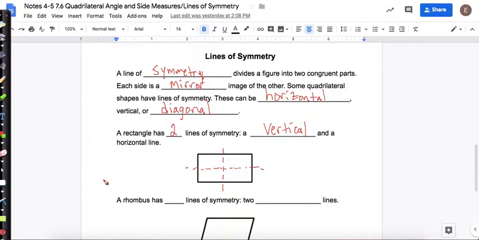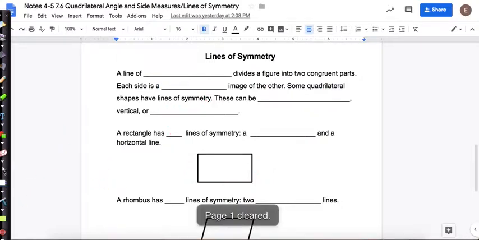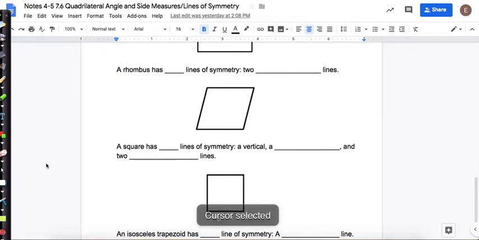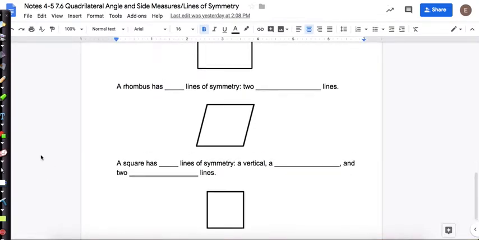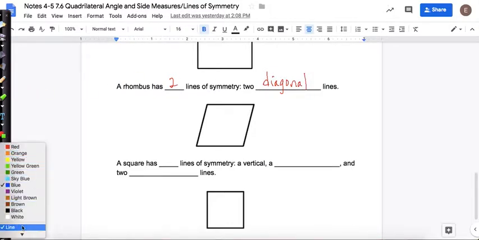Okay, so let's look at a rhombus. A rhombus has how many lines of symmetry? Good, it has 2 lines of symmetry, and it's 2 diagonal lines. We're going to draw them in. Remember to use a ruler.